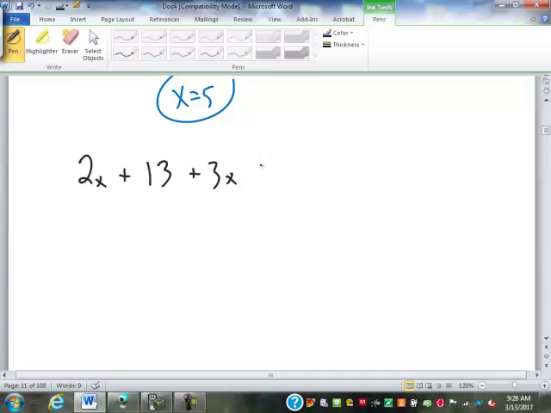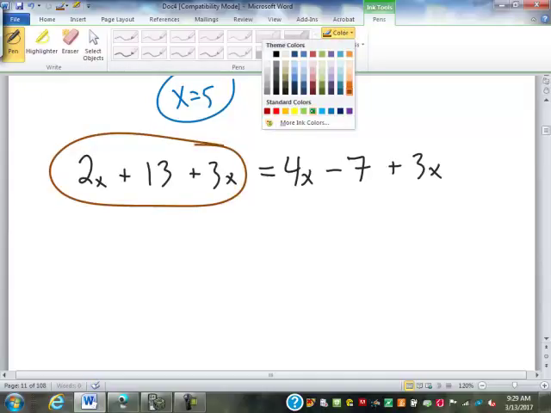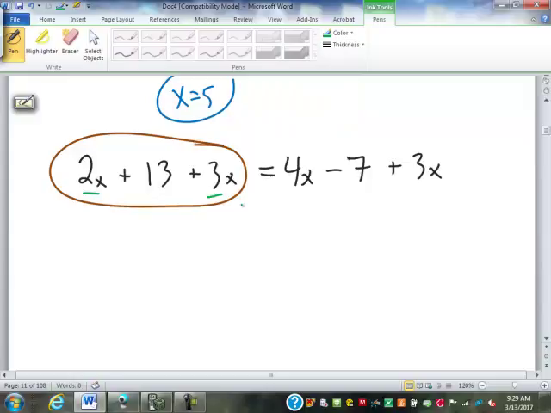2x plus 13 plus 3x equals 4x minus 7 plus 3x. If I go to solve this, again, I'm going to look at the left side first. What can I combine there? 2x and 3x make 5x.